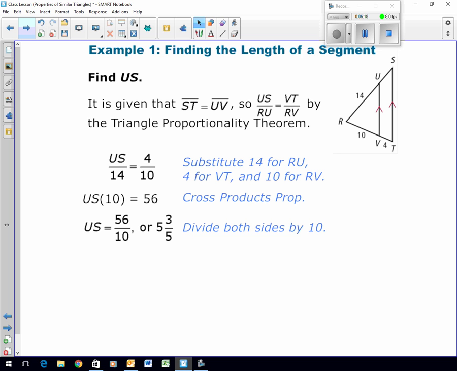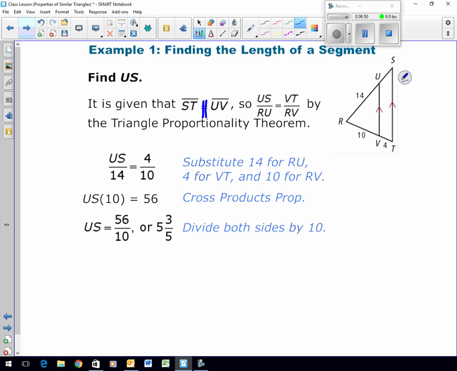All right, so let's do the example here. It's given that ST is proportional to UT, so US over RU, that should be parallel. This should be up and down right here.